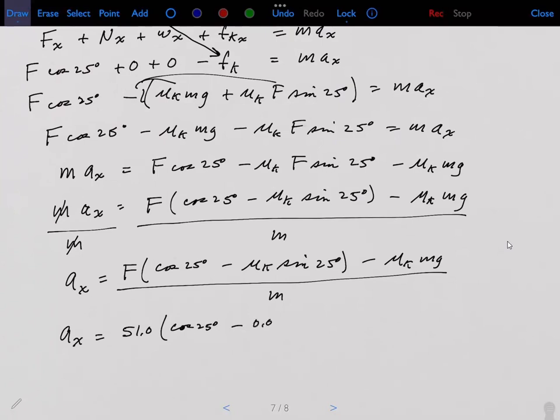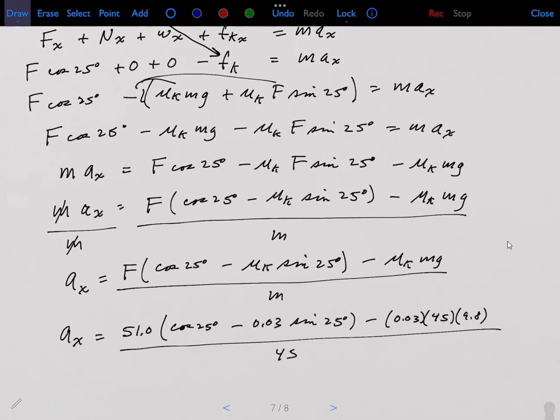So 0.03 times sine of 25 minus 0.03 times m, which was 45, times g, 9.8, all divided by 45. And if you again work that out, just be careful. You're going to get that the acceleration of that block of ice is 0.719 meters per second squared. Right, so that would be the answer.